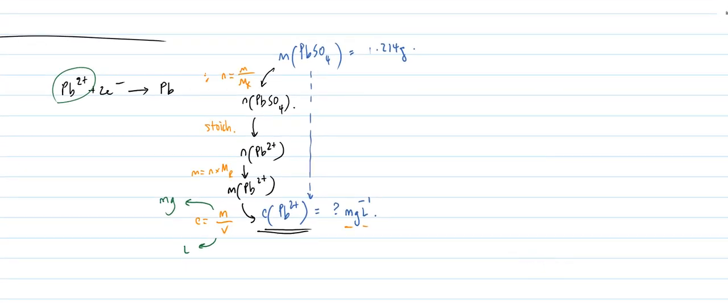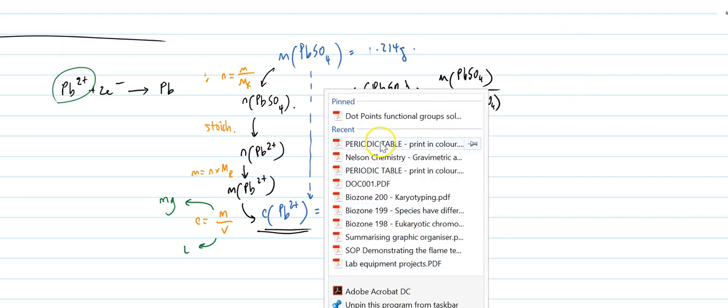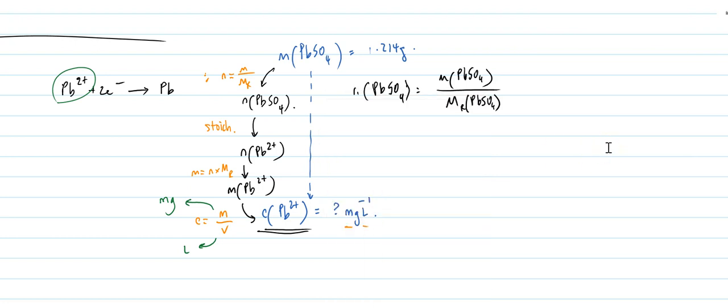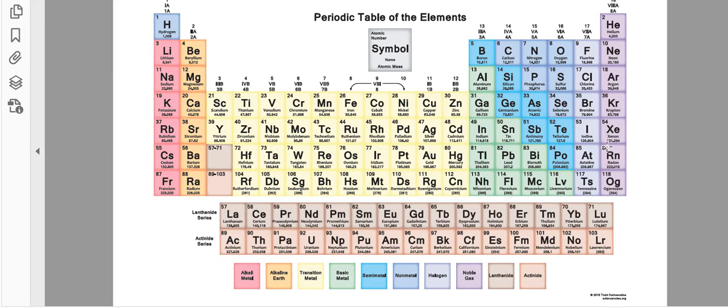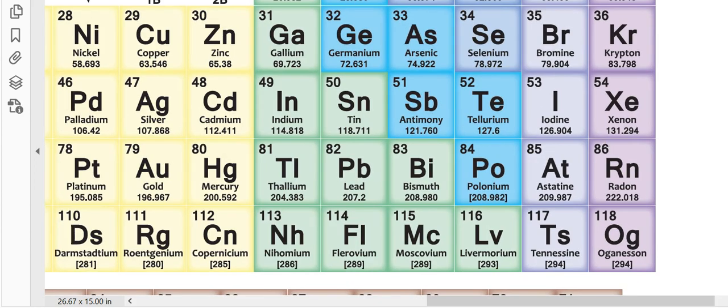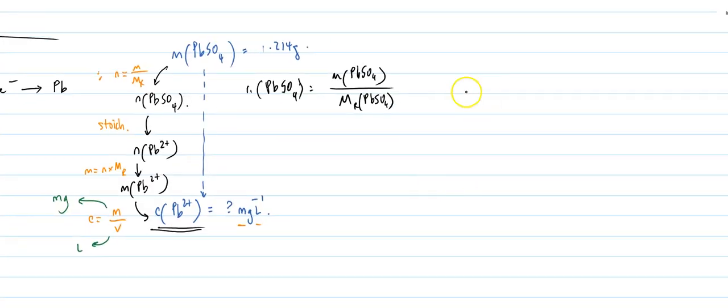So let's do it. The number of moles of lead sulfate is going to be the mass of lead sulfate over the molar mass of lead sulfate. I don't know what lead is. It's huge. So let's have a look. 207.2 plus 32.1 plus 16 times 4.